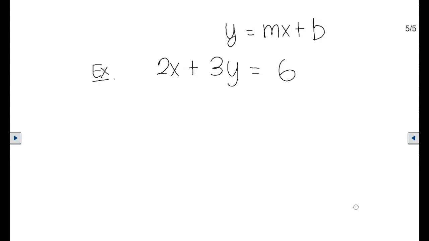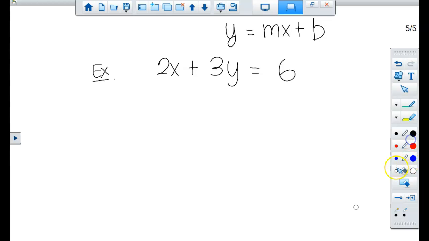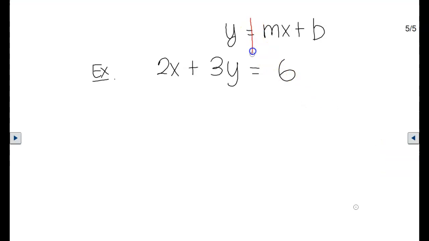And you can see clearly that it's not. If I line up my equal signs and draw a line through it, the only thing I should have on this side is y. You'll notice I have 2x plus 3y. So it's not y equals, it's 2x plus 3y equals. And then over here I should have mx and b. I don't have both of those over here. So this is the kind of problem we're going to talk about today.